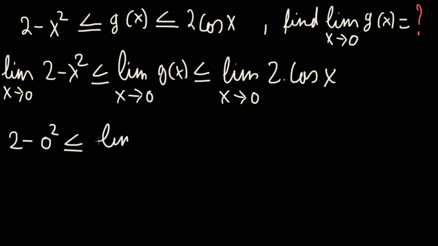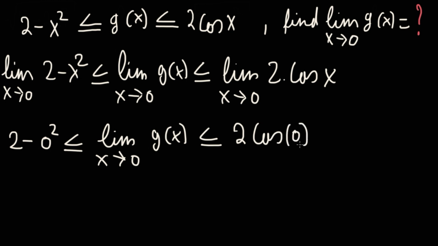And then the limit as x approaches 0 of g of x, and then 2 times the cosine of 0. So 2 minus 0 squared is 2.